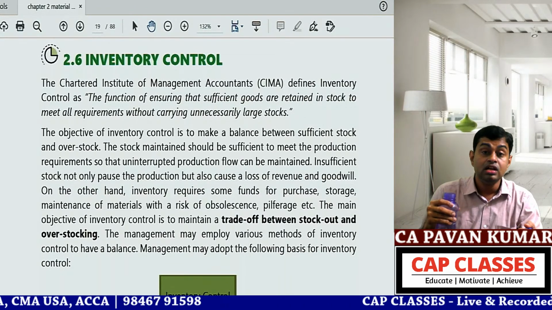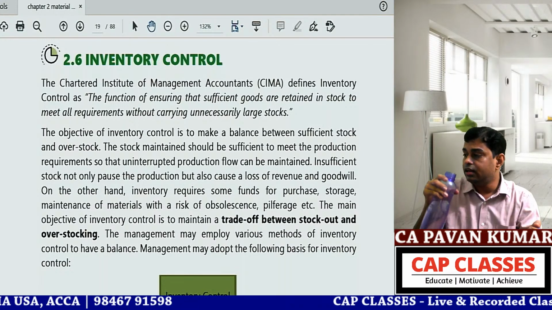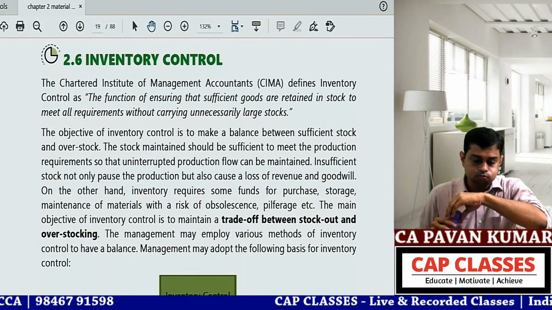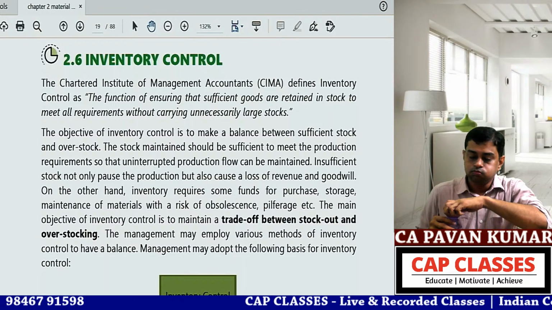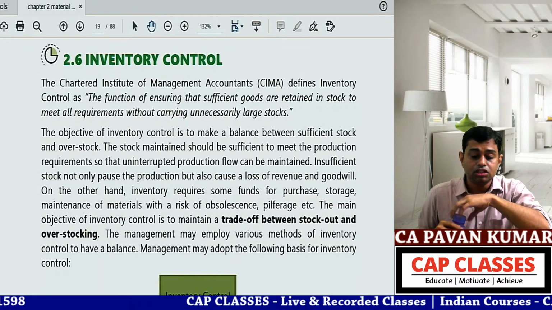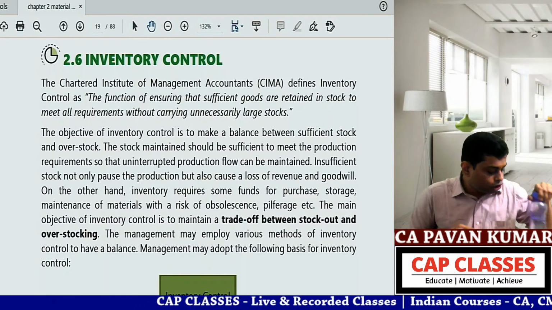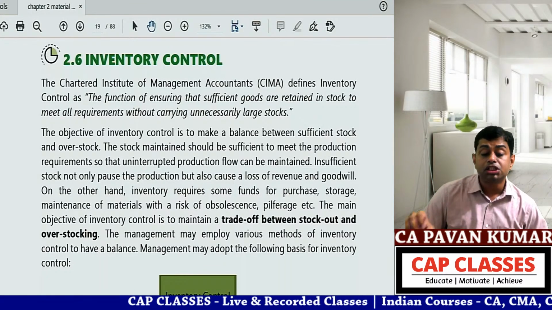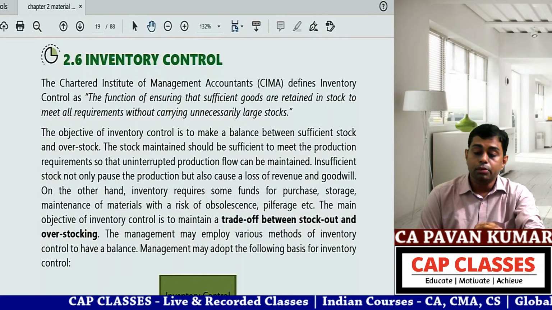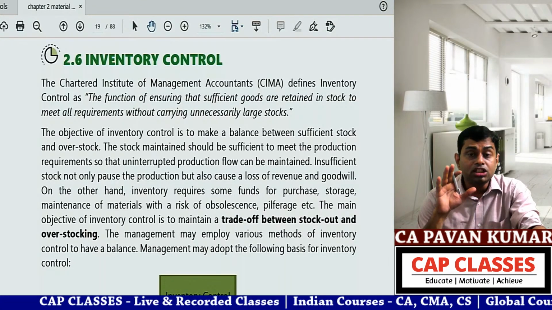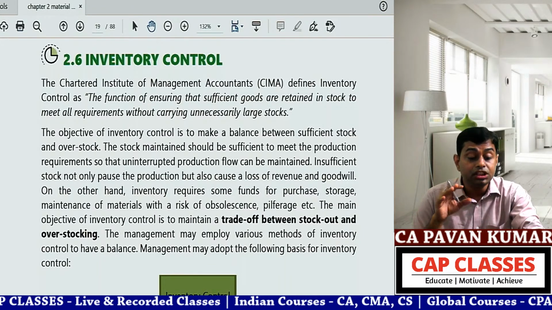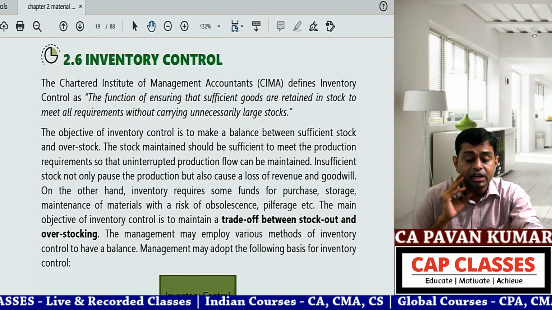Point number 2. That means the stock maintained should be sufficient to meet production requirements.